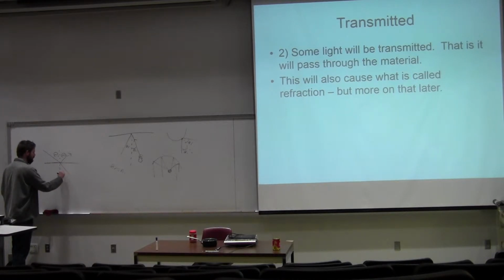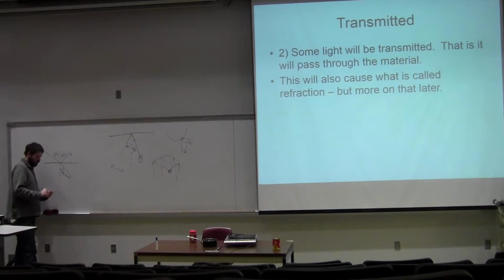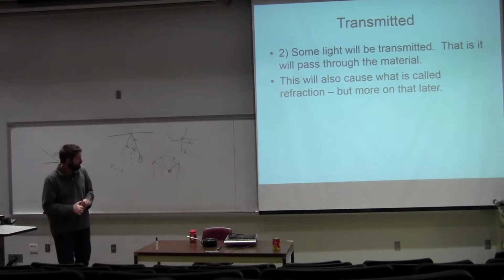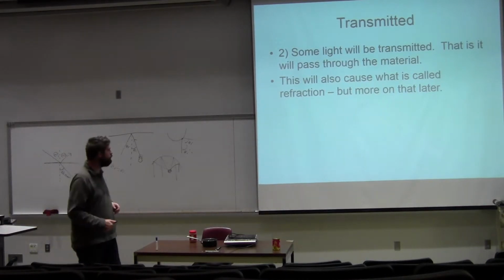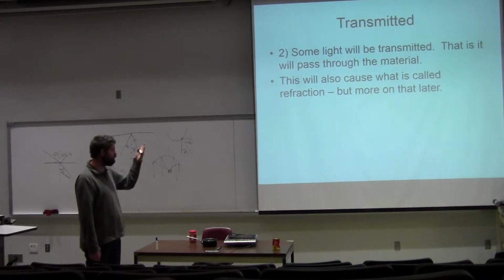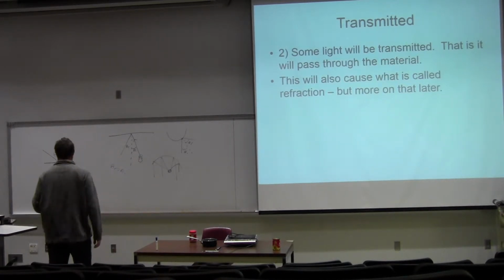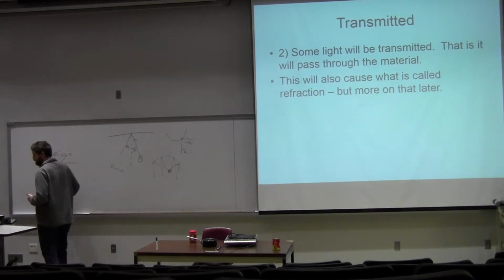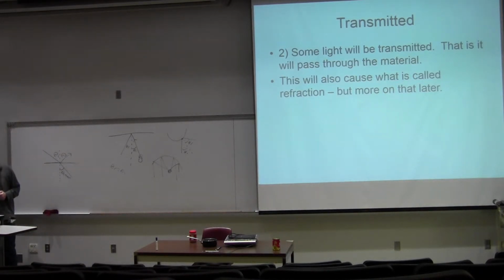Now, that theta, the angle of refraction, is now going to be a little bit complicated. I gave you kind of a pseudo equation for it previously in the semester. But this is what we call refraction. Light will be refracted into that substance.